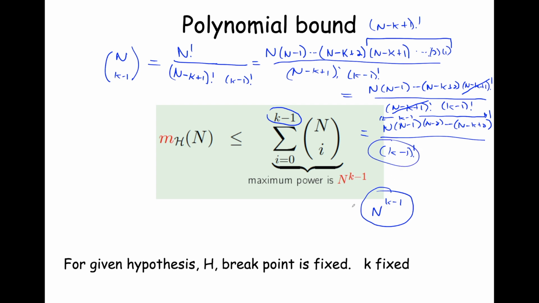So we have some constant, 1 over k minus 1 factorial, times something of the order of a polynomial of degree n to the k minus 1. So this upper bound on the growth function for a hypothesis set on a data set of size n, given a fixed breakpoint k, is bounded from above by something polynomial in the data set size n. So it is, in fact, a polynomial bound.